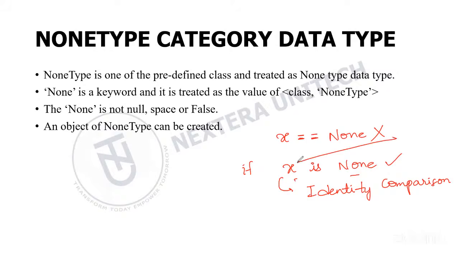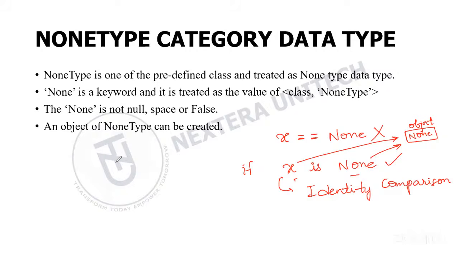So is x pointing to the same object, and is None also pointing to the same object? It will check that, because None is a singleton value. It is stored in a single object, and there is only one None value. So in that location the None value will be there, and it will check if x is also pointing to the same location as None. This is the identity comparison.